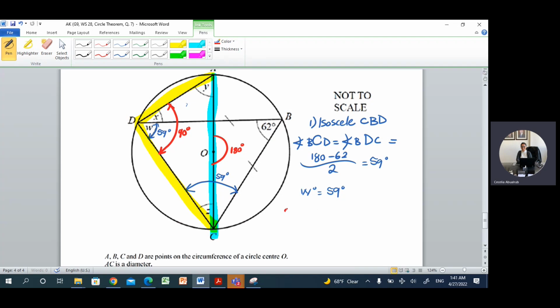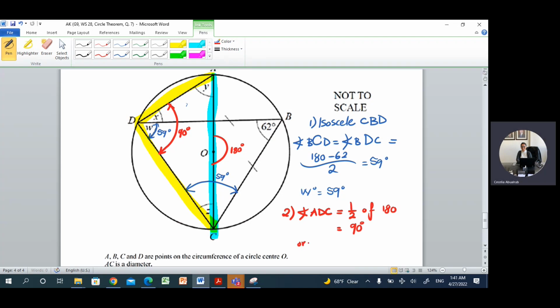So step number 2, we can think of angle ADC is equal to half of 180 degrees, which is the angle at the center, and it's equal to 90 degrees.